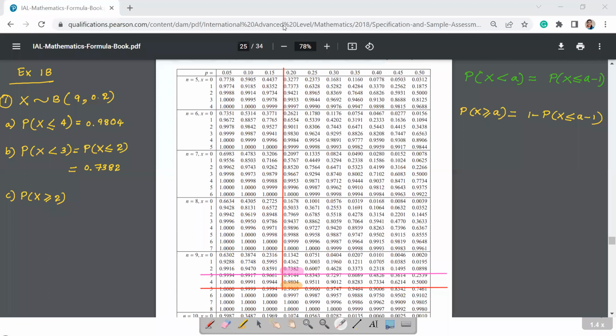So here it's equal to 1 minus probability x is less than or equal to 2 minus 1, which is 1. So go to the x value 1.